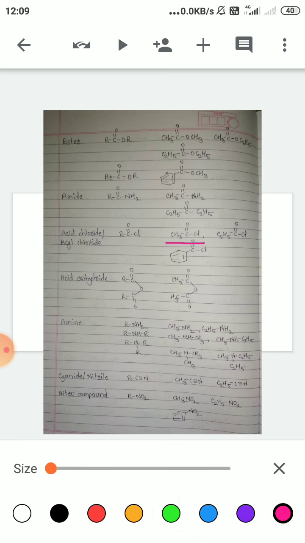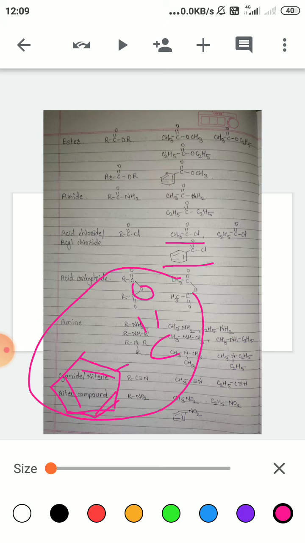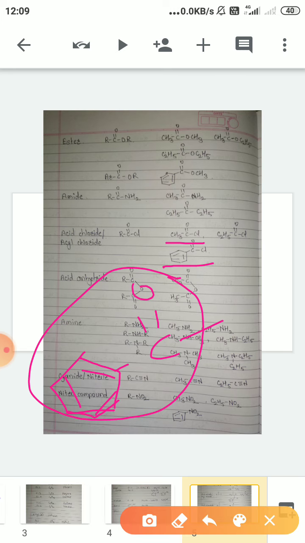An example is acetyl chloride. Here is benzoyl chloride, where C double bond O is attached to a benzene ring, and the name of the whole compound is benzoyl chloride.